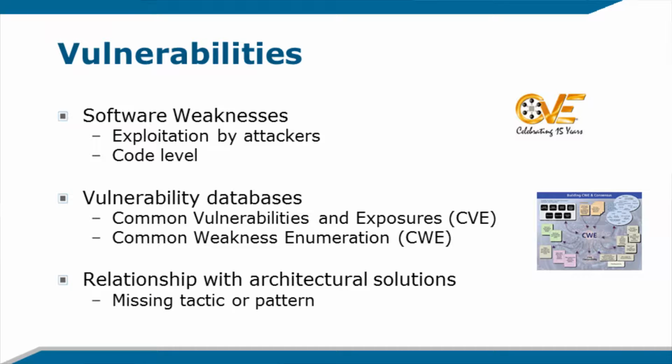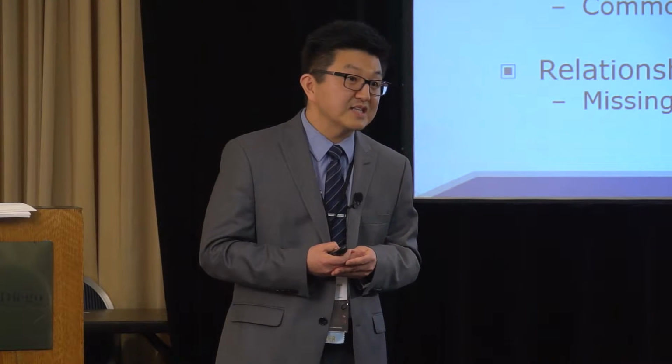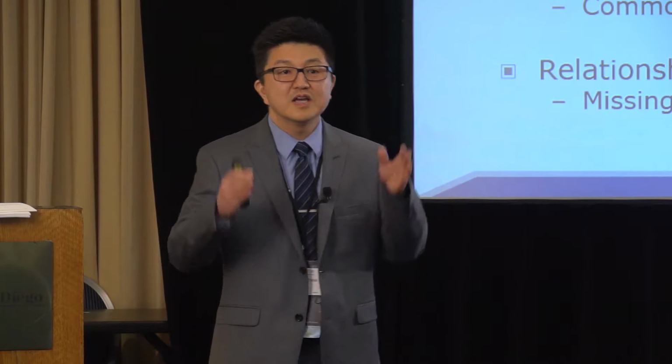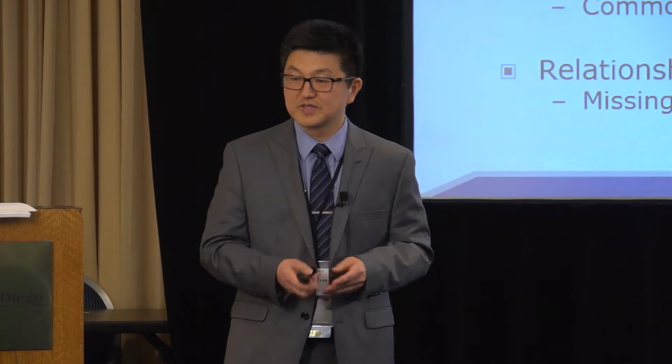And another one is Common Weakness Enumeration, or CWE. And let me reiterate this point, because these vulnerabilities are really important to us: this is how we double check whether, for example, security design ideas like tactics and patterns are fully and faithfully implemented in your code.